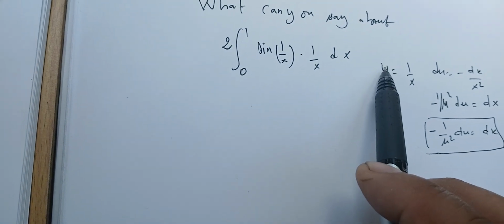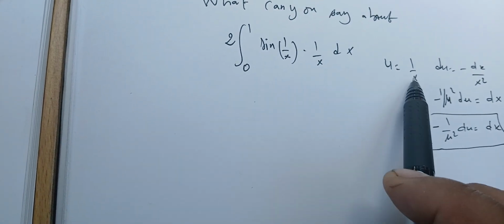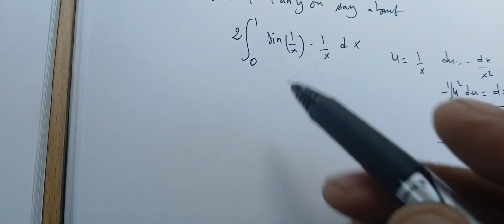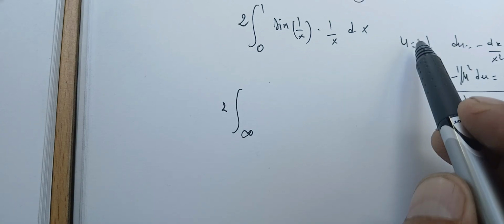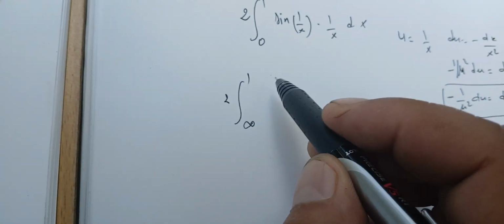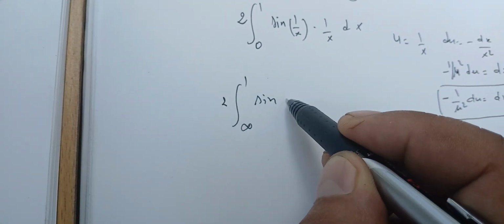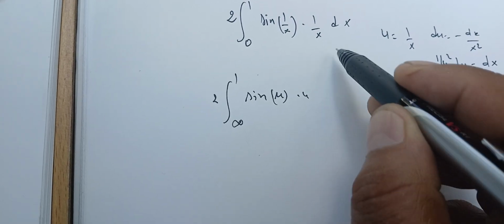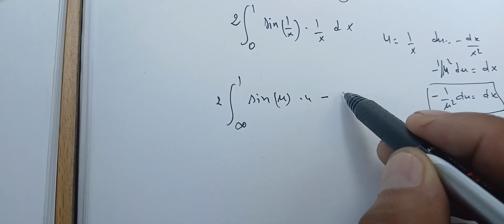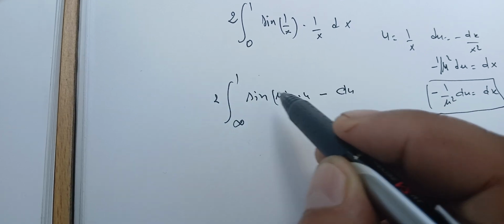Now, when x goes to 0 from the right, u goes to infinity. When x is 1, u is 1. So here I have sine of u, because 1 over x is just u, and dx is minus du times 1 over u squared.